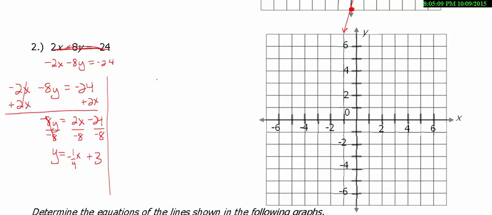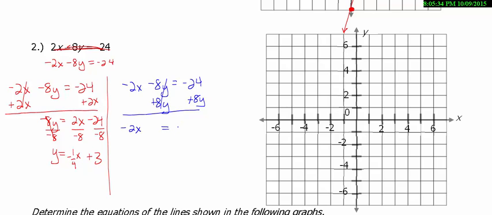Okay, now the second option you could have had here was we could have decided to move the negative 8y first, and so negative 2x minus 8y equals negative 24. Since the negative 8y is being subtracted, I'm going to add 8y to both sides. That leaves me with negative 2x. The 8y and negative 8y do cancel out.